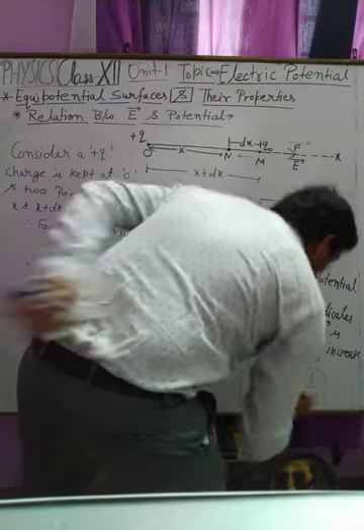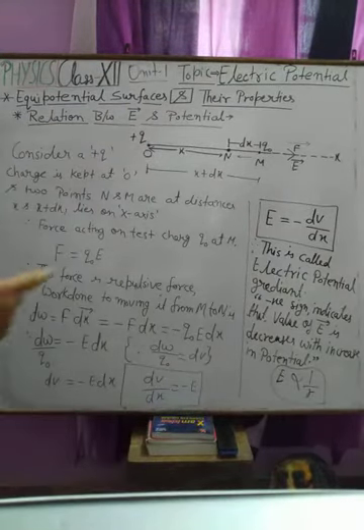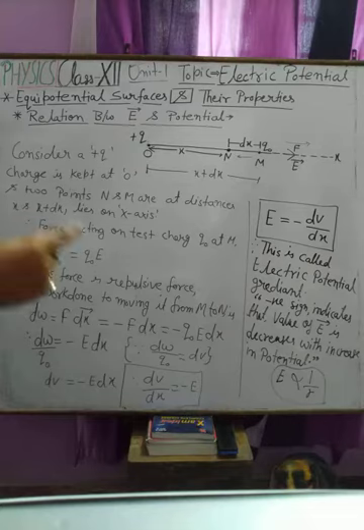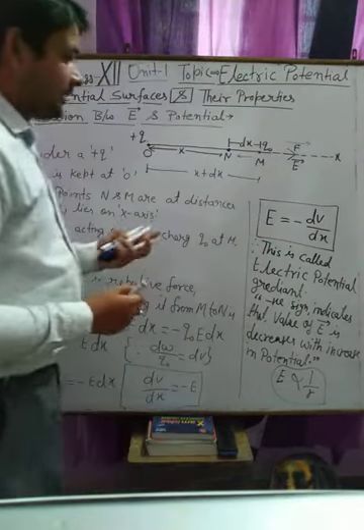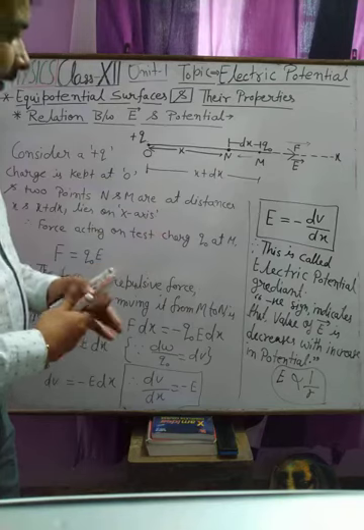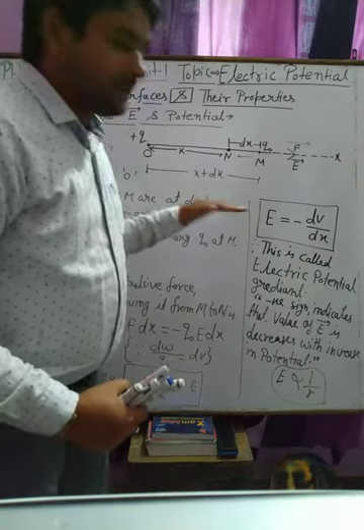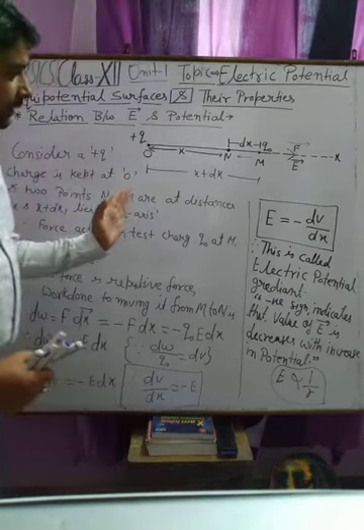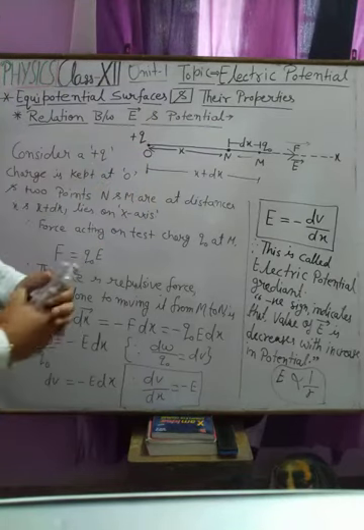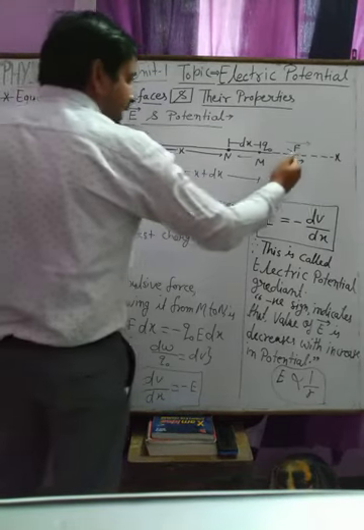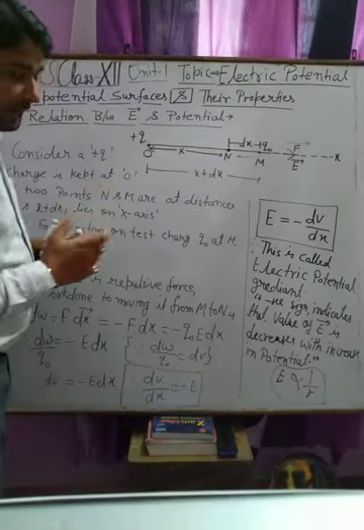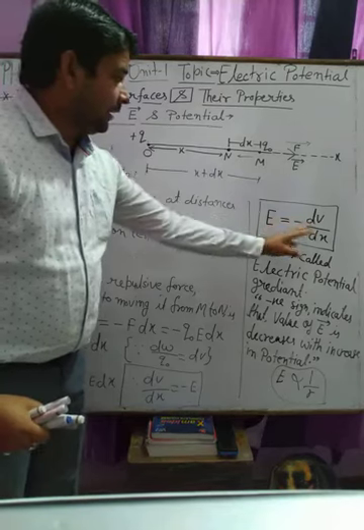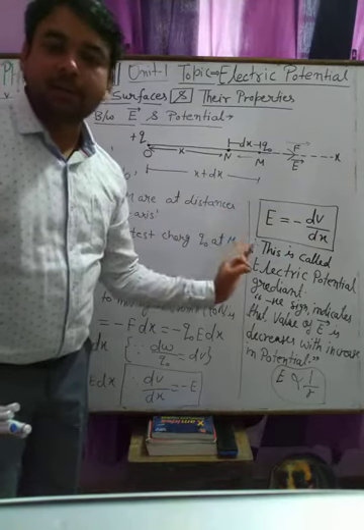We can say that on increasing distance electric field will decrease, but there is a negative sign in the potential because if the electric field lines are moving in the positive x direction to negative, and the charge is moving towards the positive charge, the potential will increase as the electric field decreases.